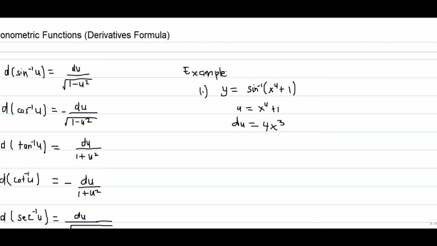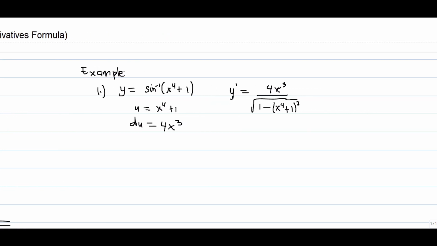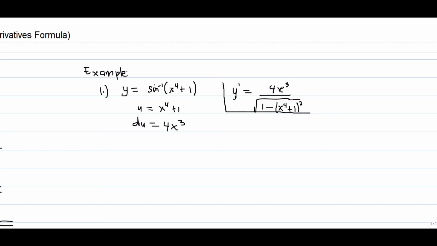Since we have the equivalent derivative formula, therefore y prime is equal to 4x cubed over the square root of 1 minus the quantity x to the power 4 plus 1, squared. Okay, so that is the final answer.